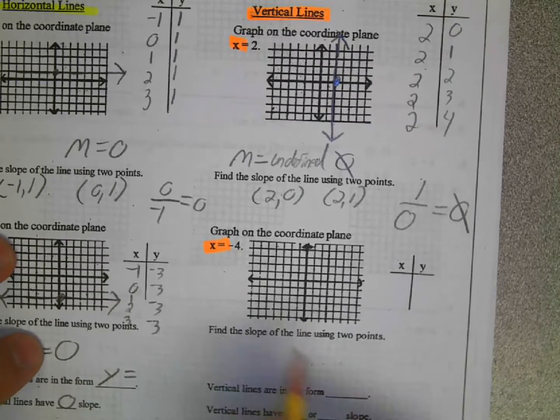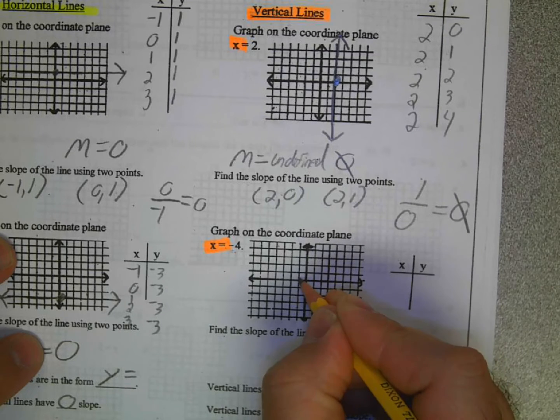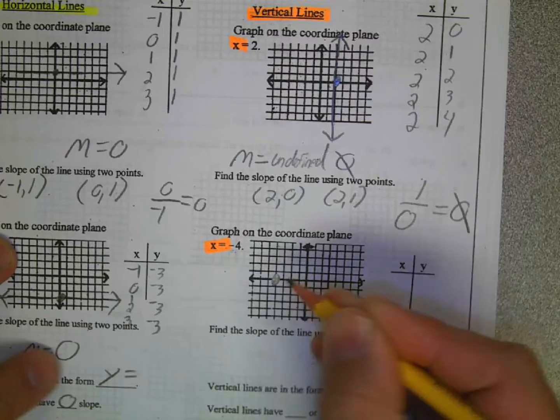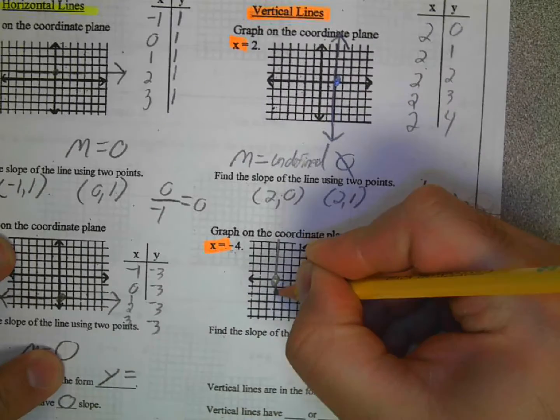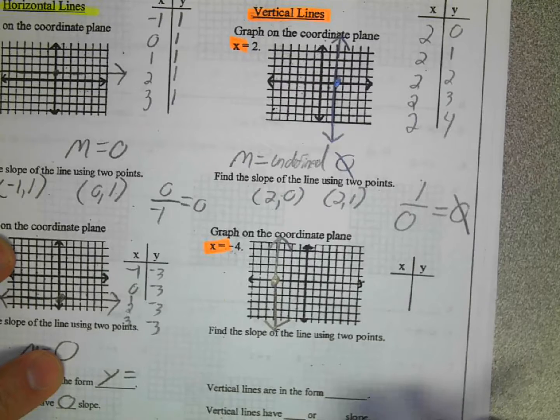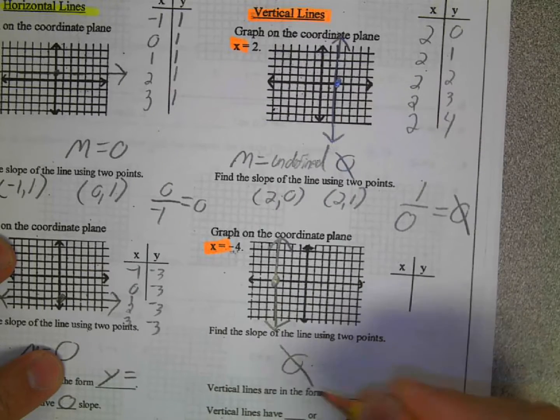Now same here, here's our instance of x equals -4. I'm going to go to the left, 1, 2, 3, 4. So at x = -4, I can draw my vertical line. You just have to remember that x equals is the vertical line at that number. And then the slope, again, is going to be undefined.